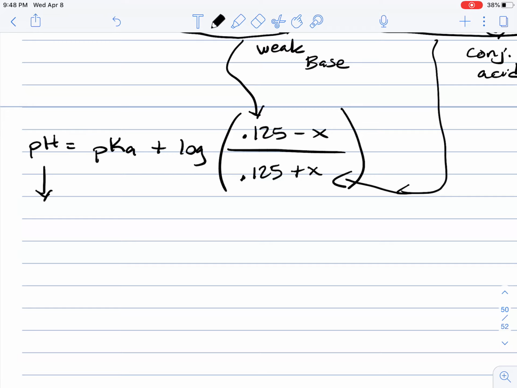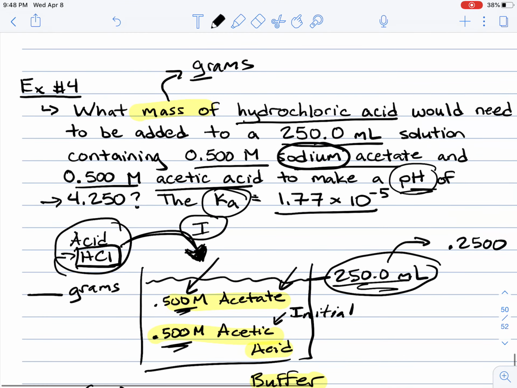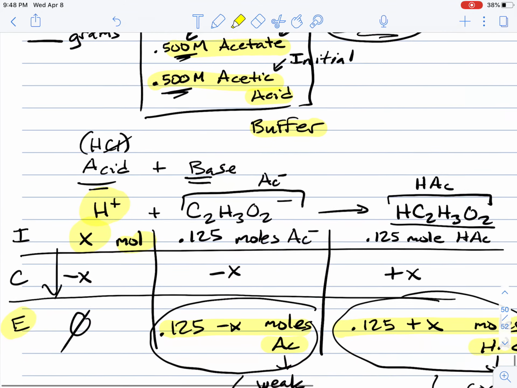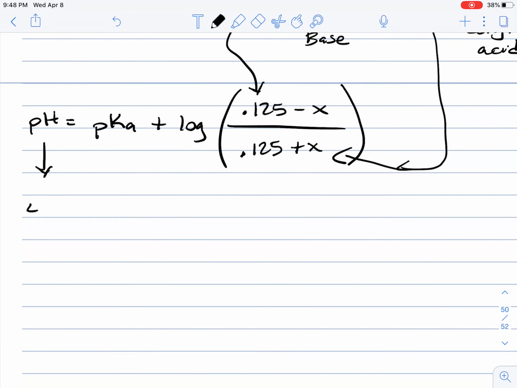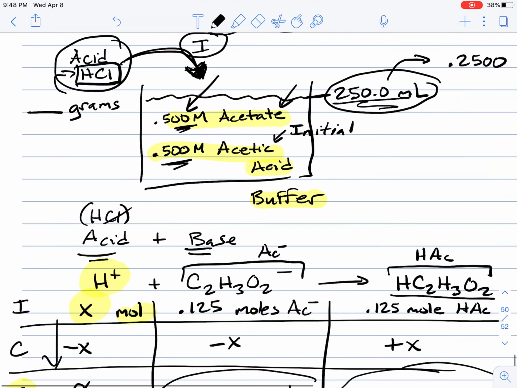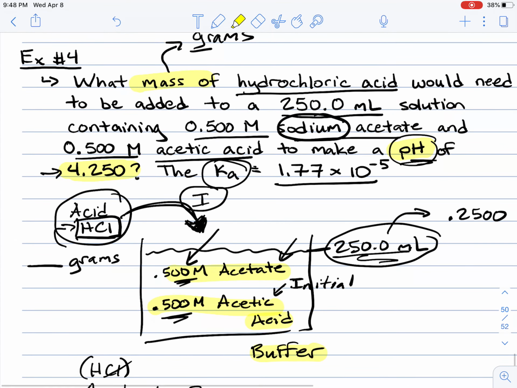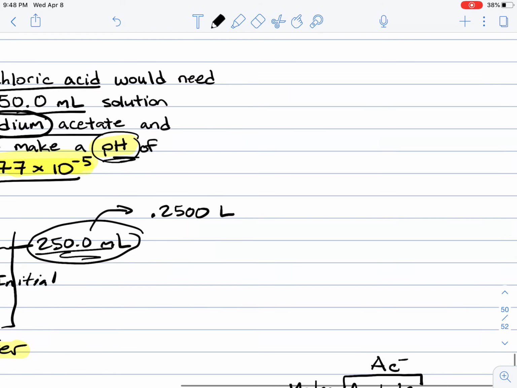All right, and so here I have my pH. My pH is equal to 4.250. That's my pH. And so my pKa is going to be the negative log of 1.77 times 10 to the negative 5.